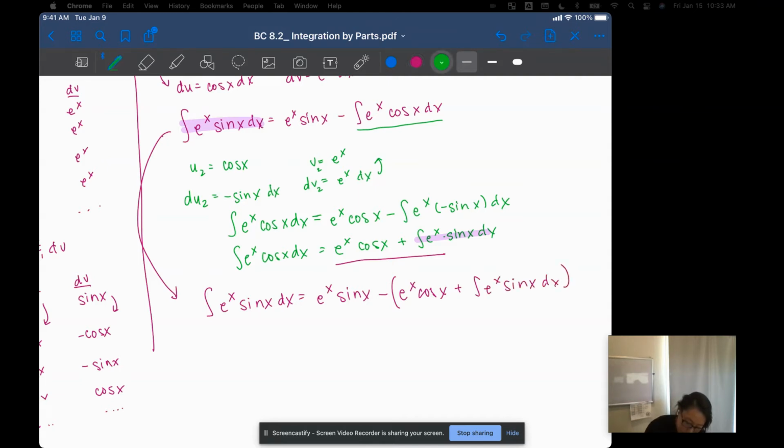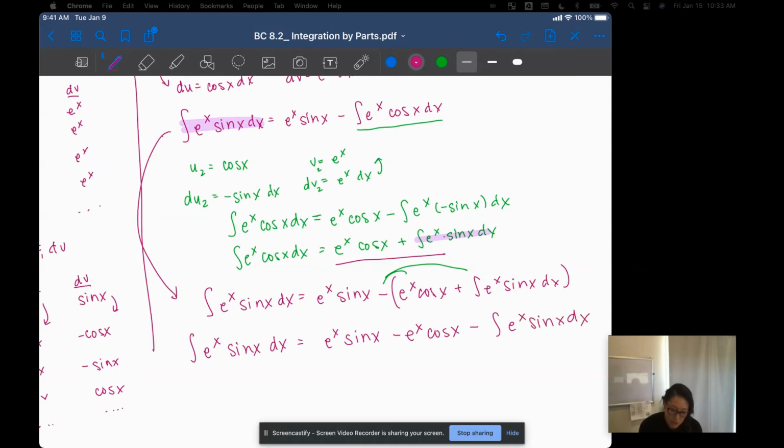I will distribute the negative, giving me the integral of e to the x sine of x dx is equal to e to the x sine x minus e to the x times the cosine of x minus the integral of e to the x sine x dx.